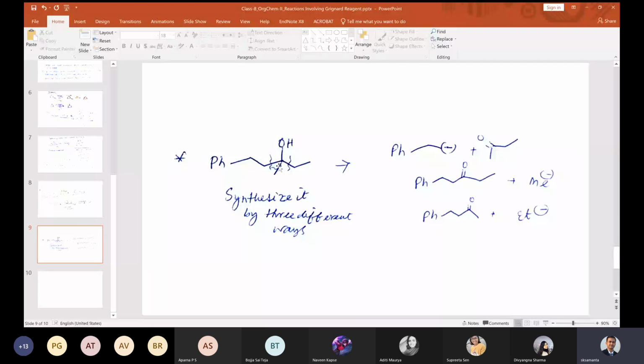You can break this bond, so you form this long chain ketone and a methyl minus. Or you break this bond, and then you get this kind of ketone and an ethyl minus. Now you have to check which starting material is available very easily, and what their cost is, and then you can propose which method to take.